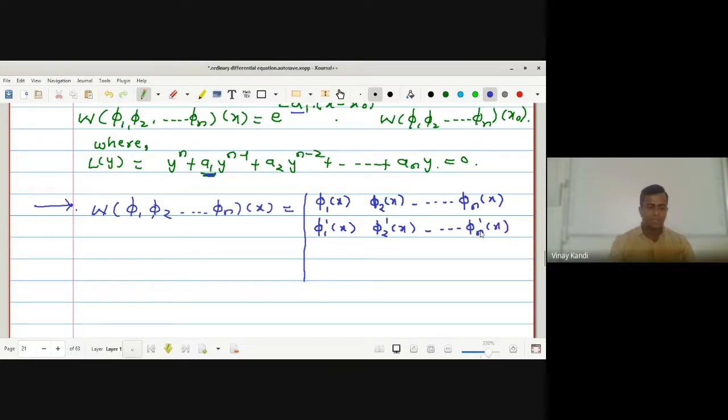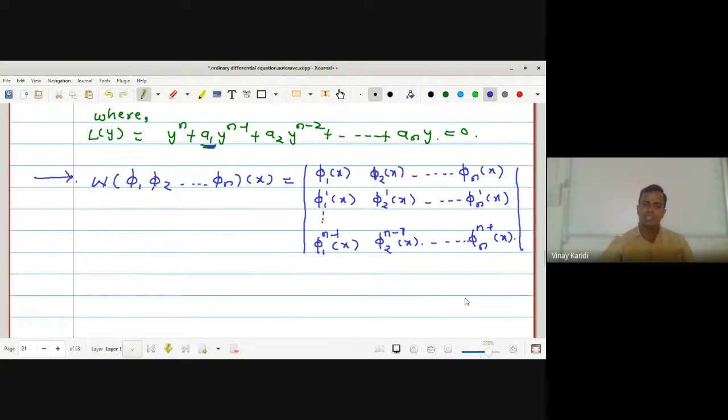At last we have phi 1 raised to n minus 1, the n minus 1th derivative of x, phi 2 raised to n minus 1 of x, up to phi n raised to n minus 1 of x. So this is the definition of the Wronskian of phi 1, phi 2 up to phi n at x.